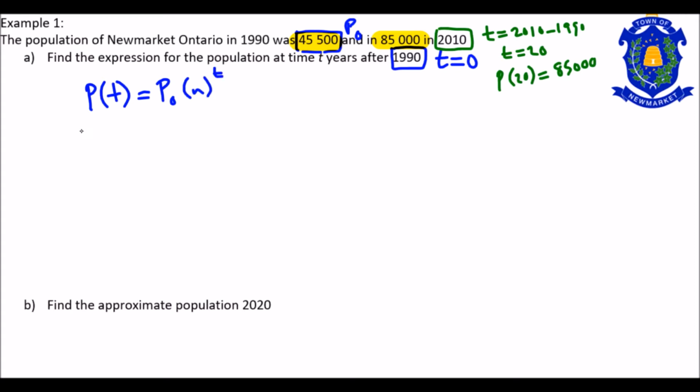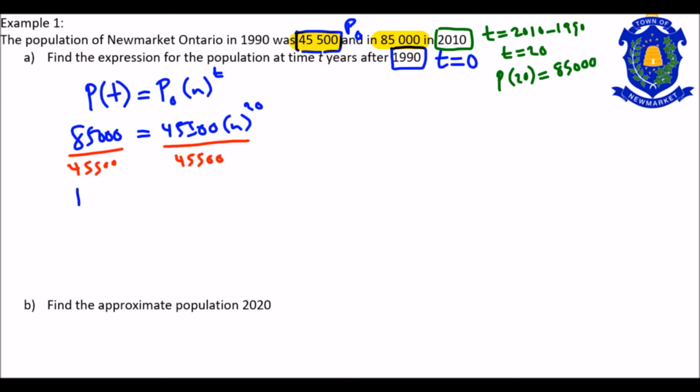I know P of t is 85,000, which is equal to P naught, 45,500, times n, all to the exponent of 20. First thing I'm going to do here is divide out the 45,500. When I do this, I get 1.868 is equal to n to the exponent 20. How do I solve this?